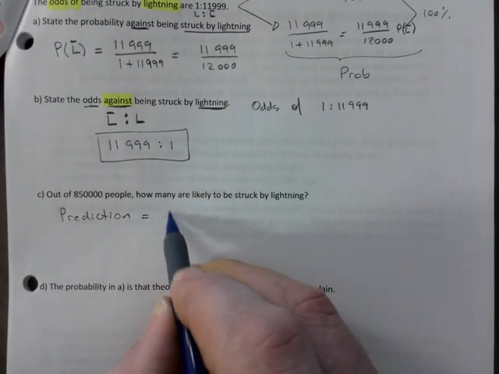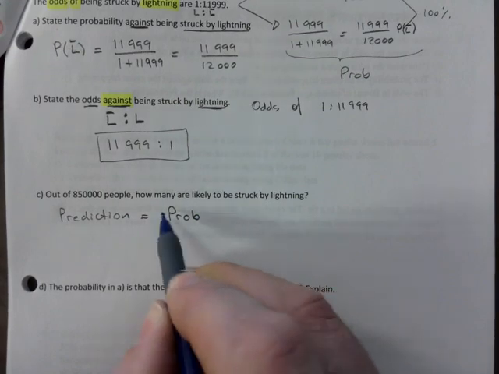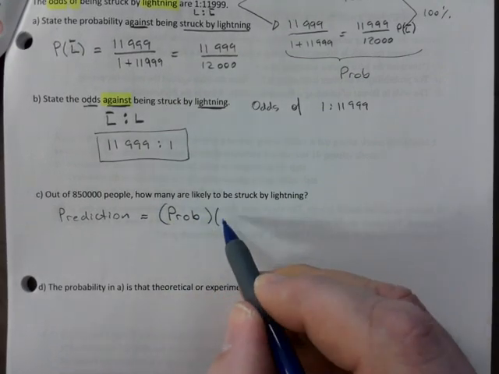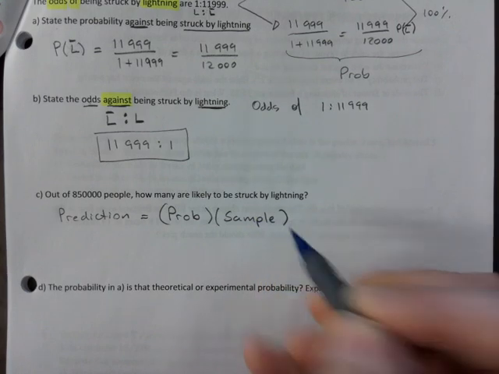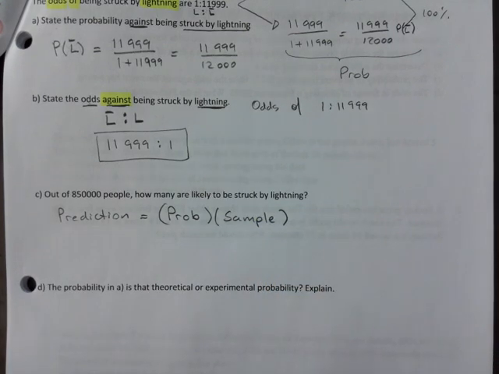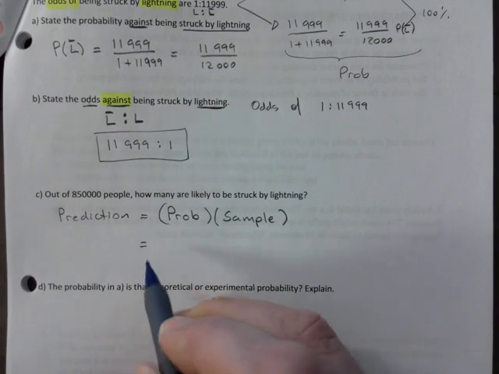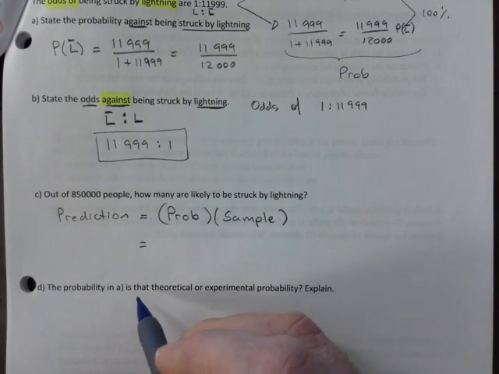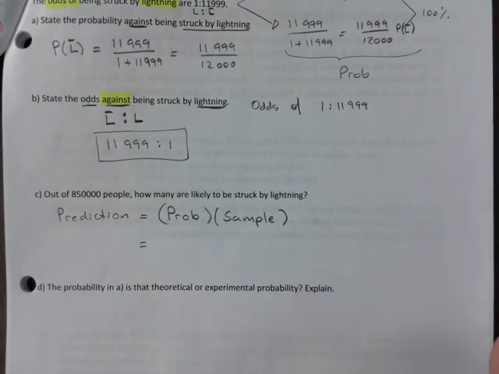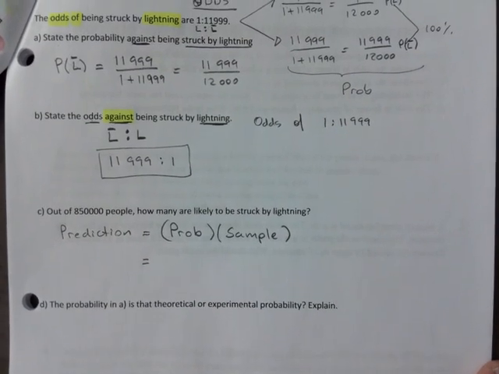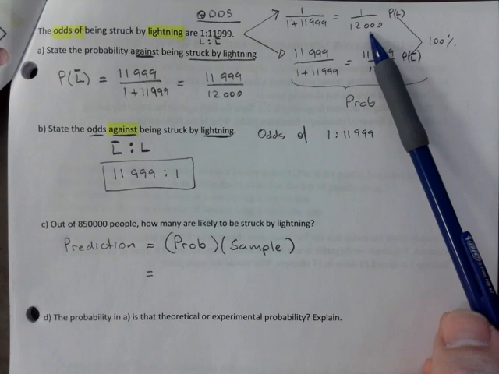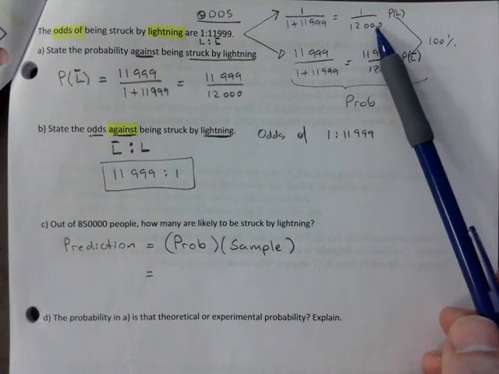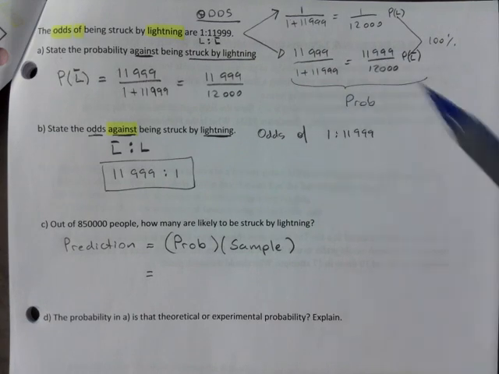You just go probability of that happening times the sample that you're considering. So what's the probability of being struck by lightning? I already did the work for us earlier. That is the probability of being struck by lightning: 1 over 12,000.